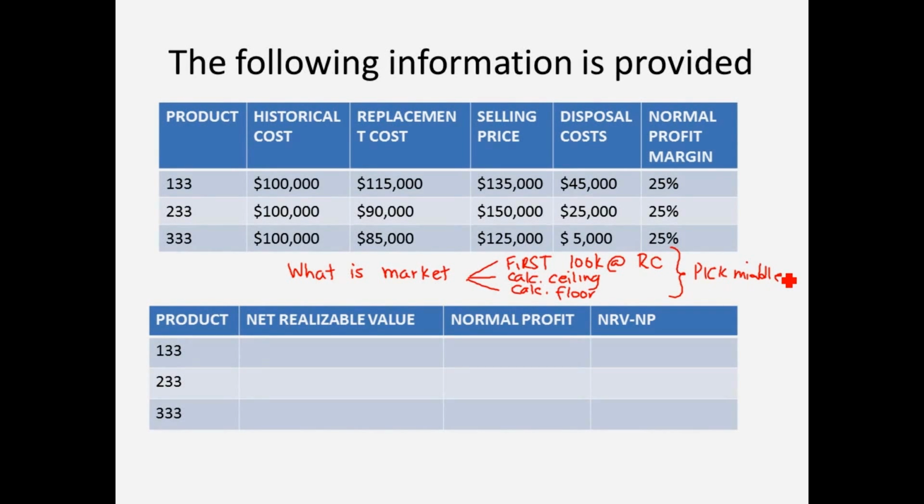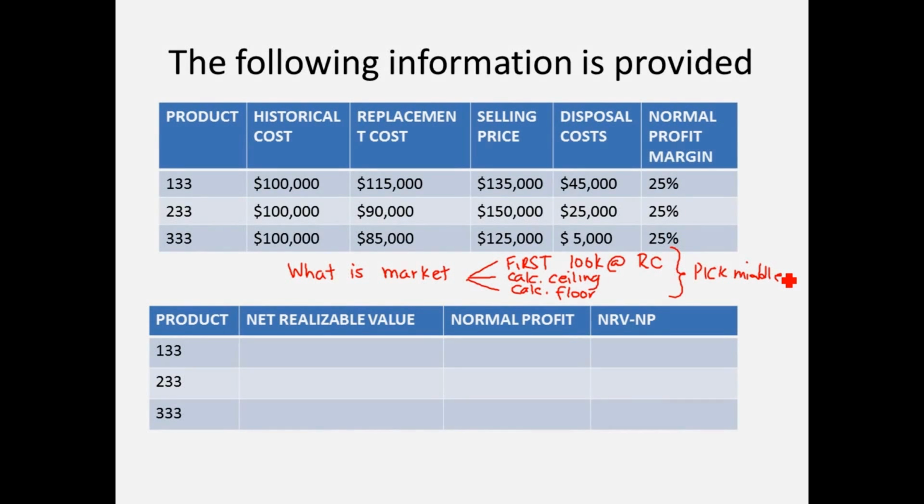We then compare market to cost. Whichever is lower, we take that one. Okay, so there's a lot of steps. It's not like boom, boom, it's so obvious to me, oh, well, this is lower than this, done, we're finished. We've got to do a little bit more work.